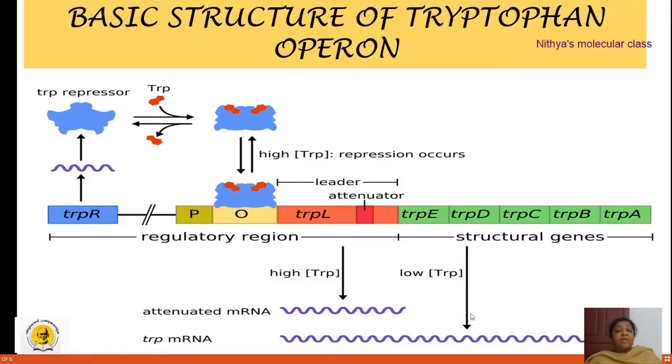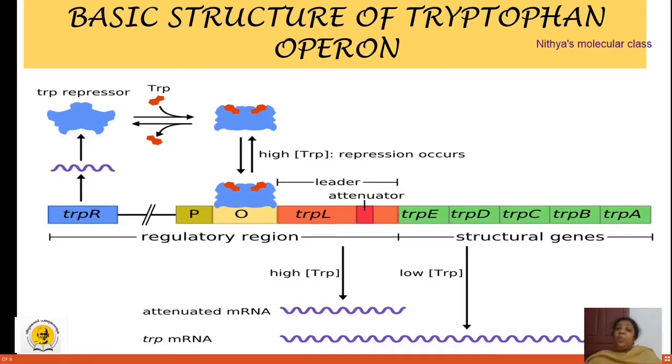If it is low, then what happens? That much tryptophan will not be available in the cell, so it cannot bind with the trp repressor, and the repressor cannot inhibit the operator region.